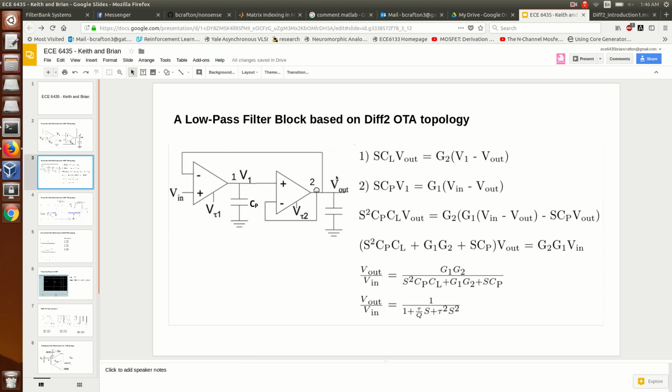Doing the same analysis for the second node, the rate of change of V out is proportional to the current coming out, which is again proportional to the difference in voltages across the terminals of that OTA.